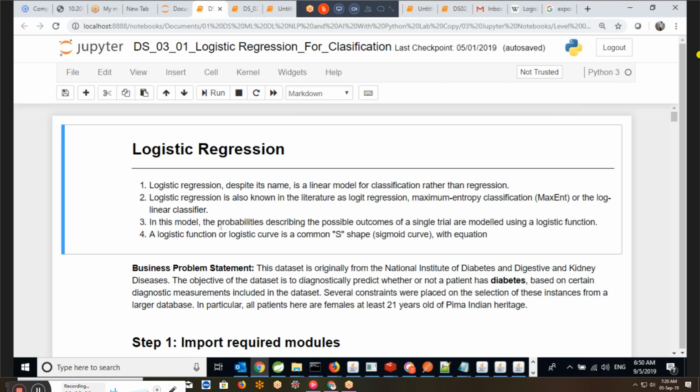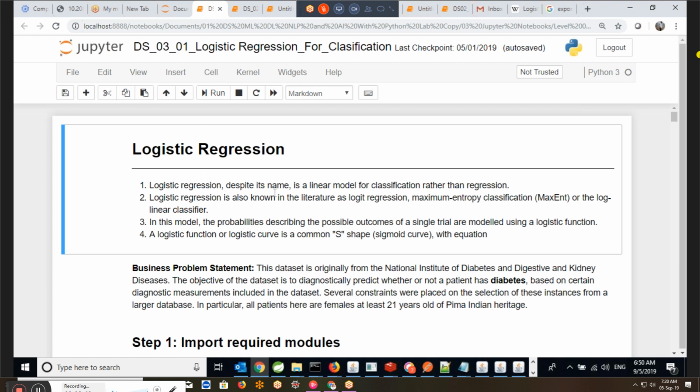Today we'll see what is a logistic regression. So what is the meaning of logistic regression? Here the word regression is there, but despite its name, we will work on classification only. The name is only regression, but you shouldn't think that here we'll work with regression.